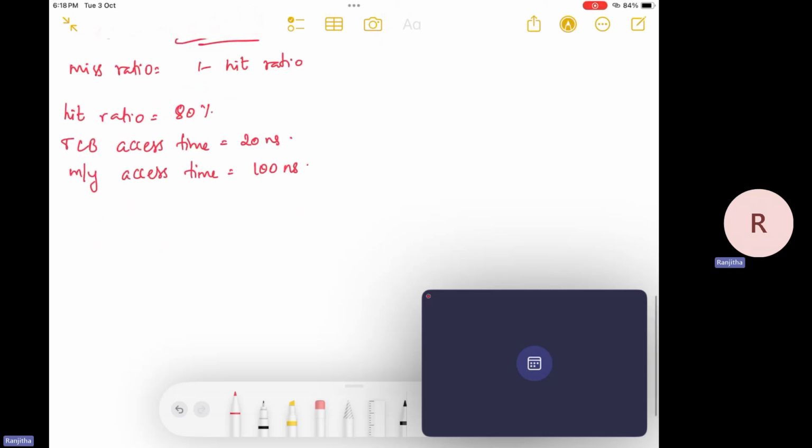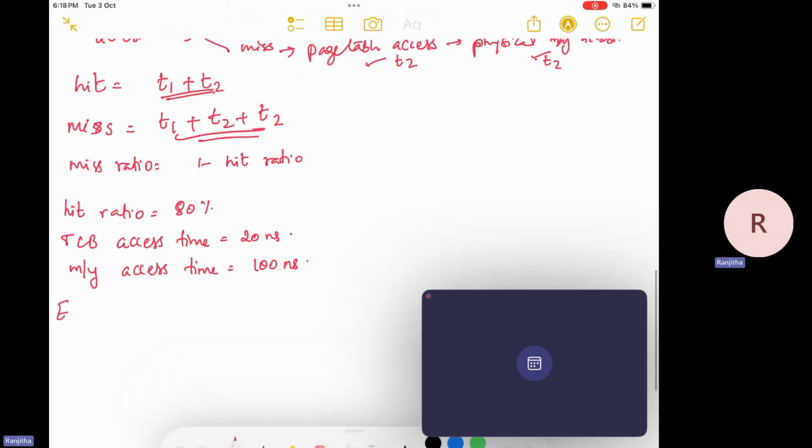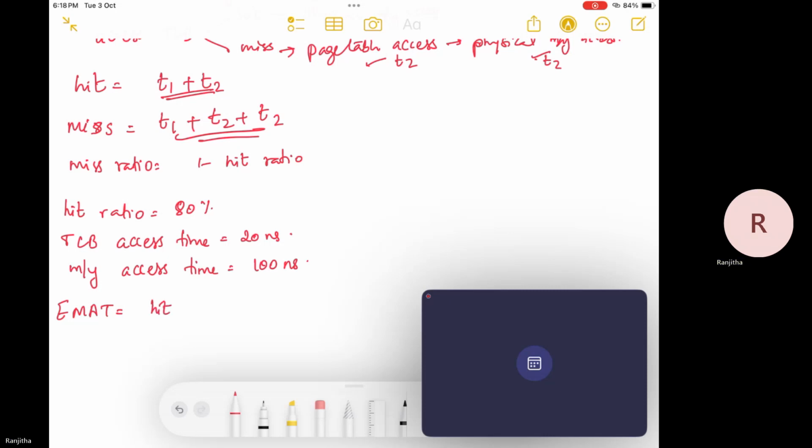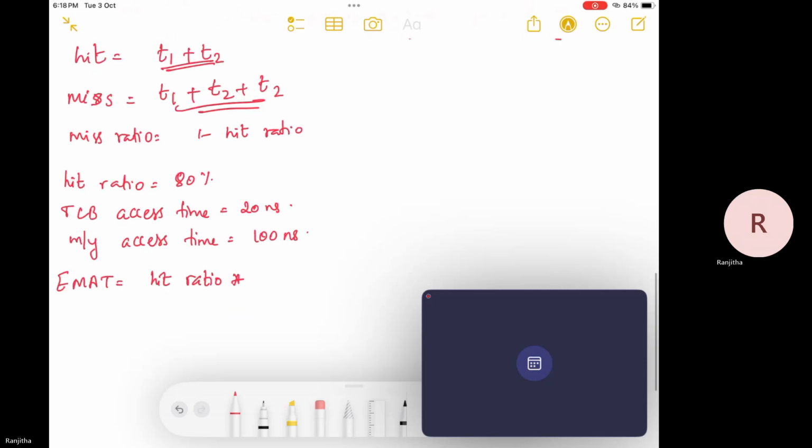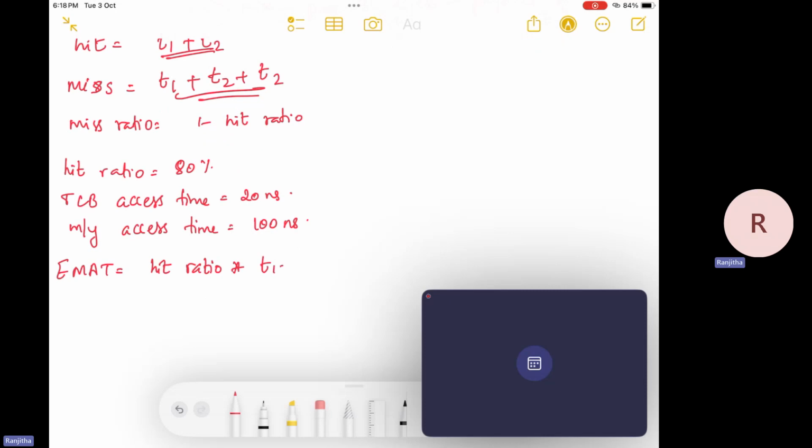So the effective memory access time is equal to hit ratio into T1 plus T2, plus miss ratio into T1 plus T2 plus T2.